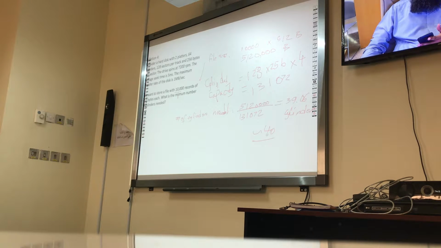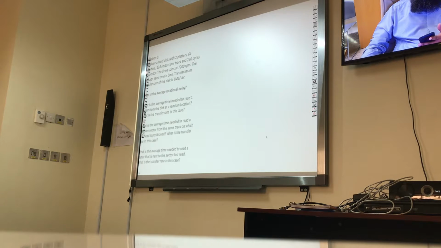Any questions? No. Okay, so now for the same disk, I'm asking a different question. This is actually about the speed. We know that the disk spins at 7200 RPM, the average seek time is 5 milliseconds, and the transfer rate is 1 MB per second. I ask, what is the average rotational delay?